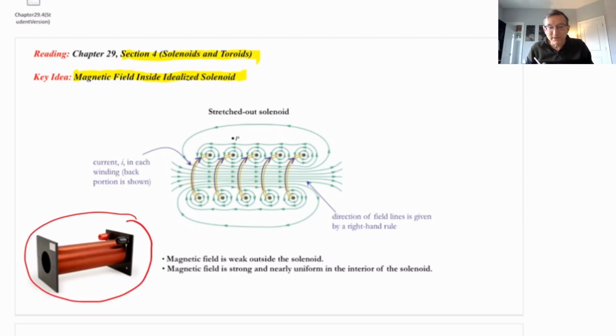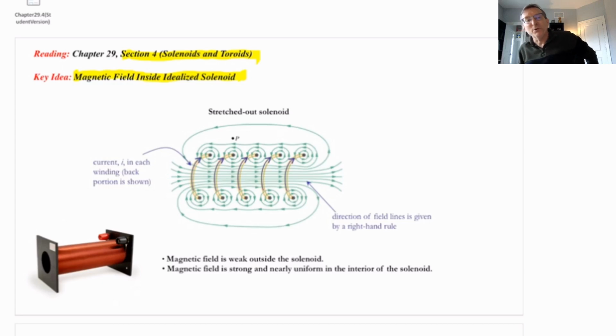Now, the picture in the middle is a very loose representation of some of what's going on when you have current going through these windings or turns of the solenoid. It's kind of difficult to understand what this picture is showing. It shows five different turns or windings of wire, which are basically just circles going around.